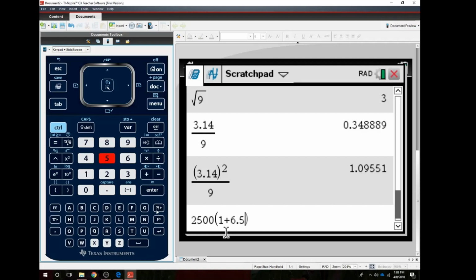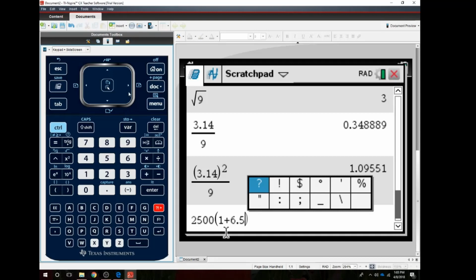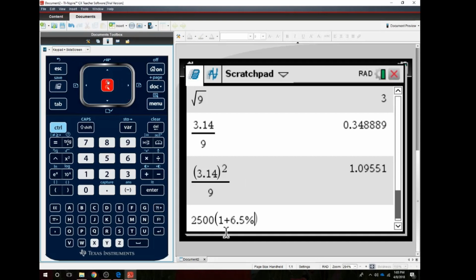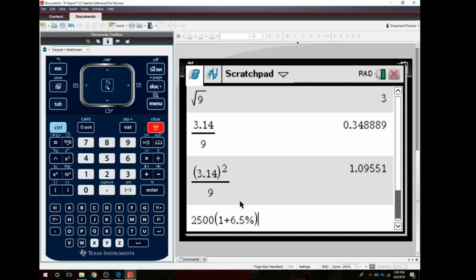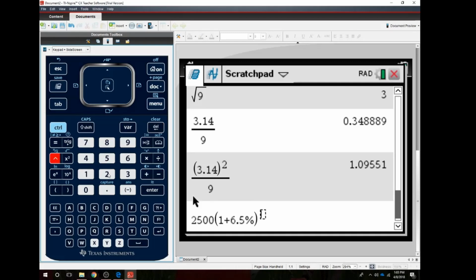I go over here, the question mark, exclamation point, scroll over here, select that, and then close my parentheses. Oops, that's not what I wanted. Close my parentheses, so it looks like this. Raised to the power of 2.